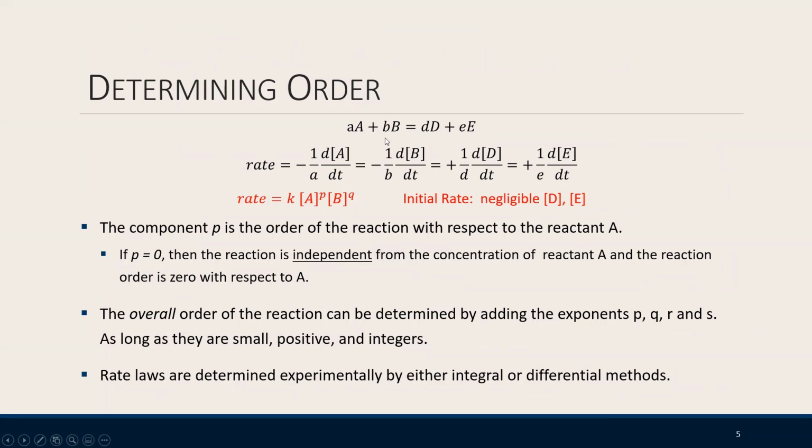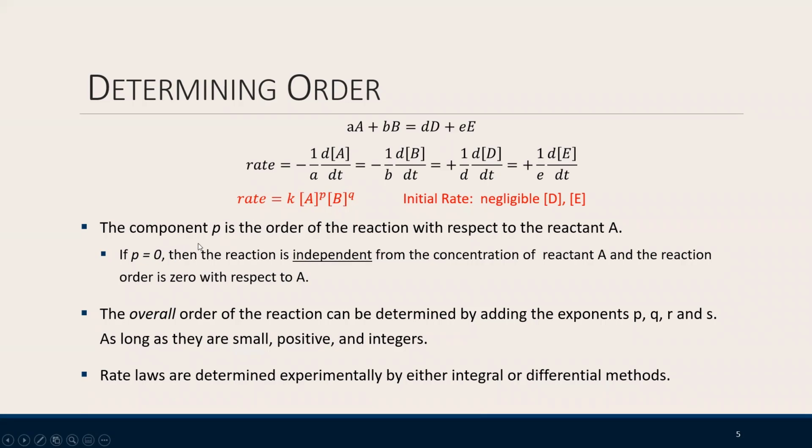If we are looking at just the initial step of a reaction, the concentrations of D and E are essentially not there. We don't have D and E yet, so we can reduce the reaction rate to the rate constant times the concentration of A to the power of p, times the concentration of B to the power of q.